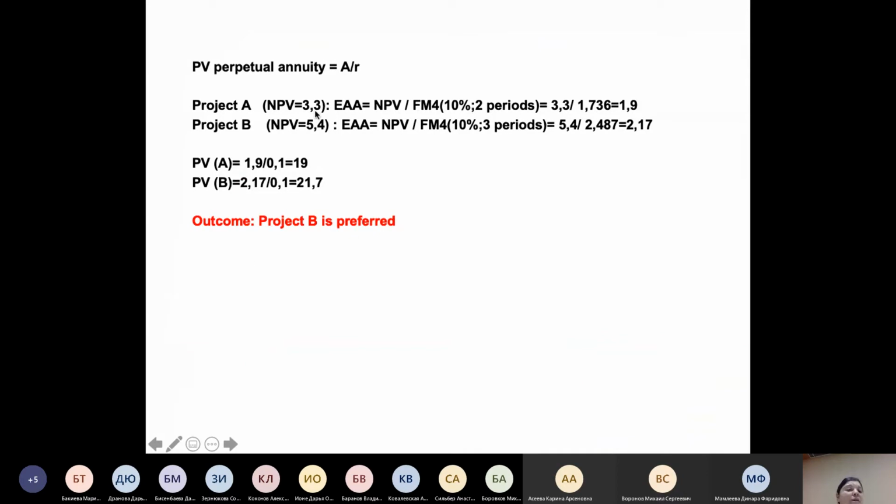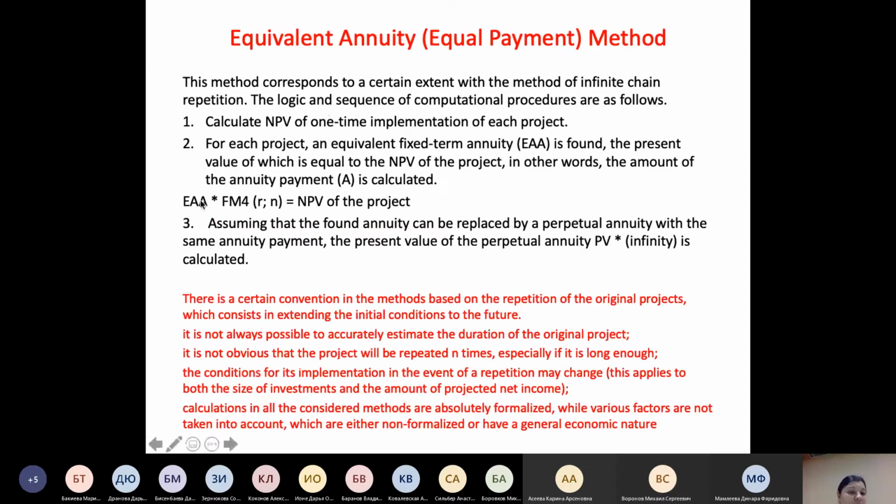As we calculated earlier, the net present value of our project A equals 3.3. Now we have to find an equivalent annuity. The present value of this annuity equals the net present value of the project. To find this equivalent annuity, I'll divide the net present value by the discount coefficient, financial management 4.